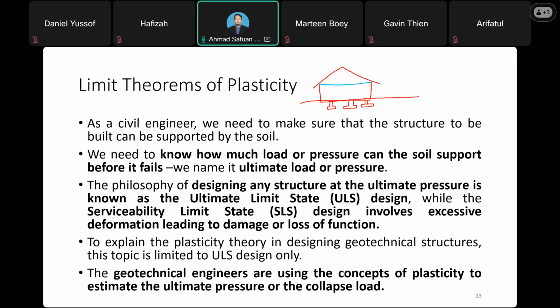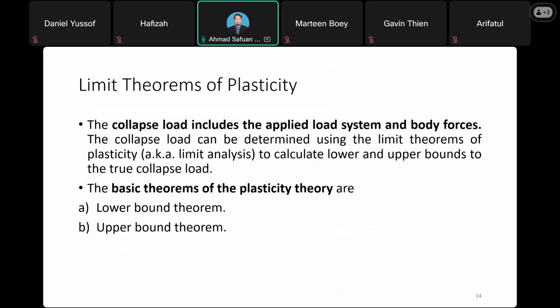So geotechnical engineers use the concept of plasticity to estimate the ultimate pressure or the collapse load. The collapse loads include the applied load system and body force. The collapse loads can be determined using the limit theorems of plasticity, also known as limit analysis, to calculate lower and upper bounds to the true collapse loads.